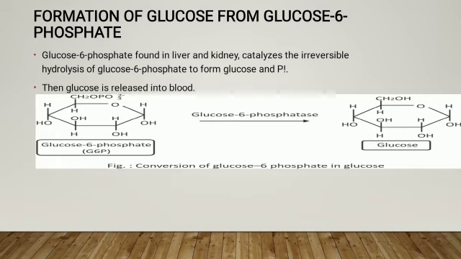The glucose is released into the blood. The glucose 6-phosphate, that is G6P, is converted into glucose.